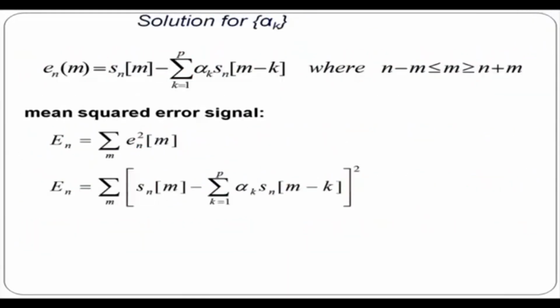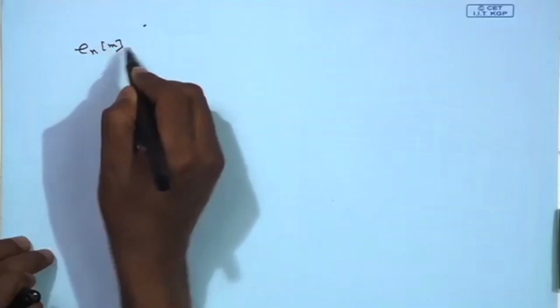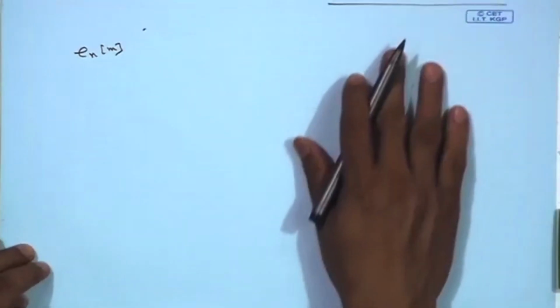So, if my estimate is alpha k, let us say there is an m number of speech signal samples.